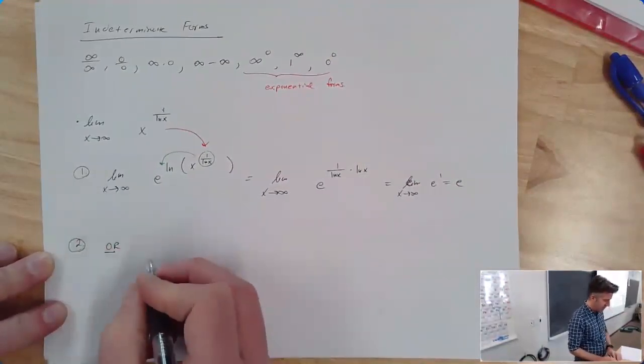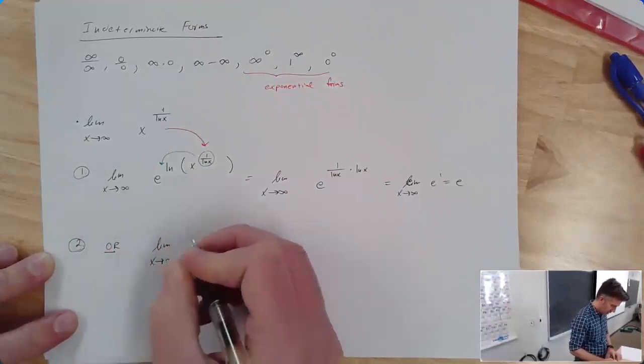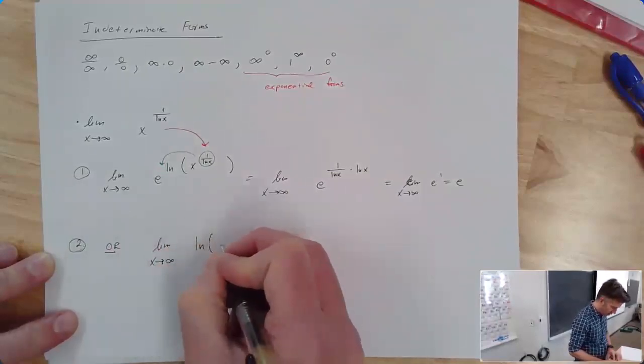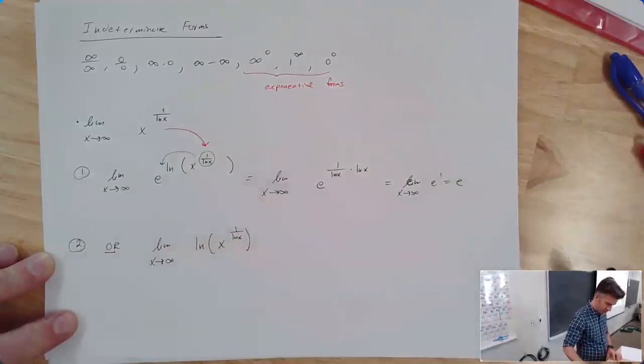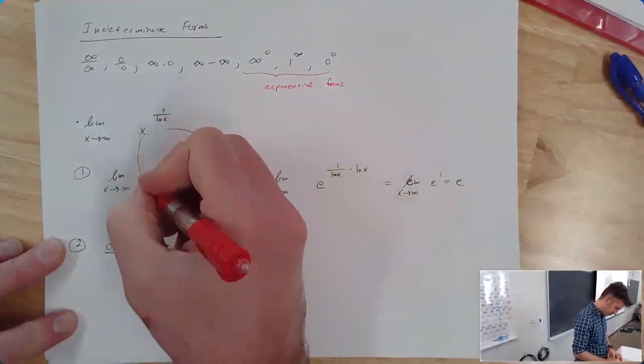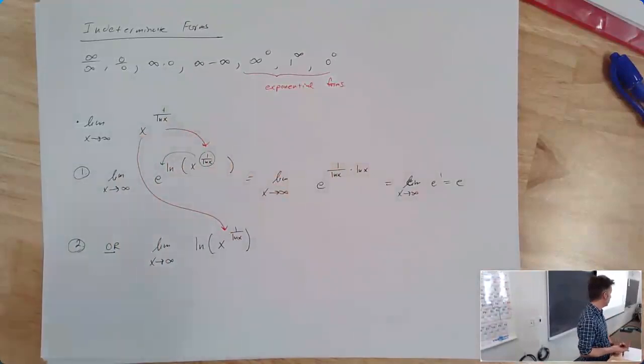Or some people like to look at the limit as x goes to infinity of just the natural log of whatever you were looking at before. Now, here's the thing. We're going to get an answer here, and that's not going to be our final answer.